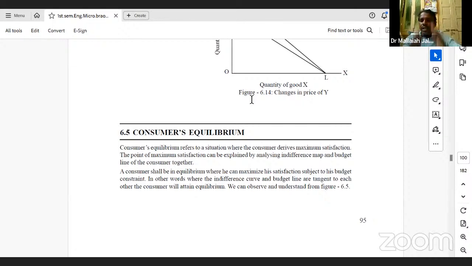How the consumer gets the maximum level of satisfaction with the two commodities X and Y being purchased, and with the help of the indifference curve, we can derive the point at which the consumer gets the maximum level of satisfaction. It clearly shows.